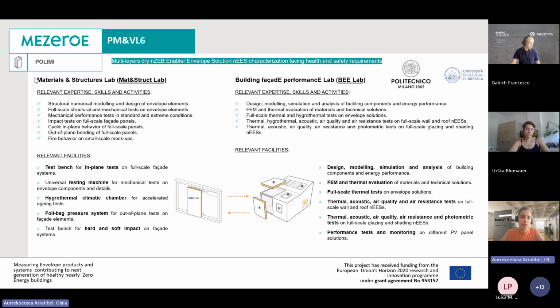On the one side, they have a materials and structures laboratory, and they also offer the building facade performance lab, and they can offer a wide range of testing options mainly regarding safety requirements. So they offer different mechanical tests or impact tests, and they also do thermal evaluation or thermal, acoustic and air quality tests.